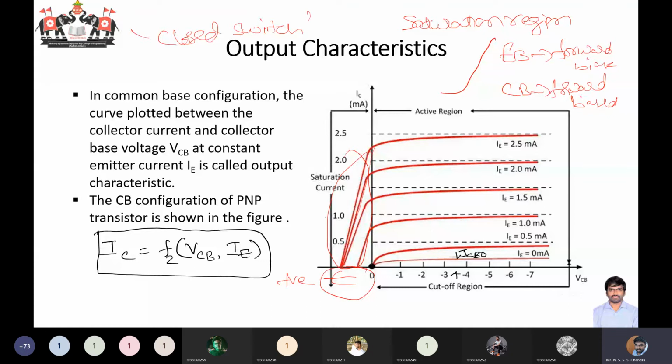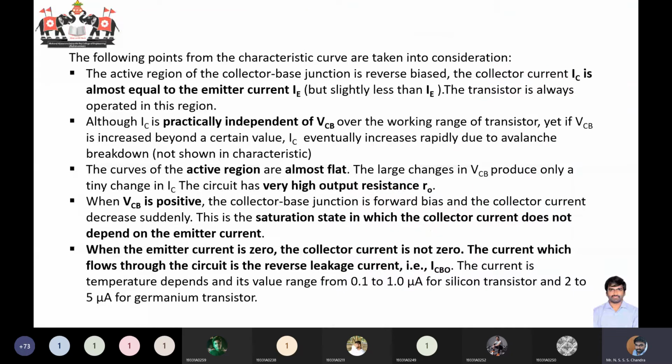Okay, so next we'll move on to the characteristic graph. Whatever I have told you, everything will be the same. In the active region, the collector base junction is reverse biased and the collector current IC is almost equal to IE. Usually the transistor is operated in this region.